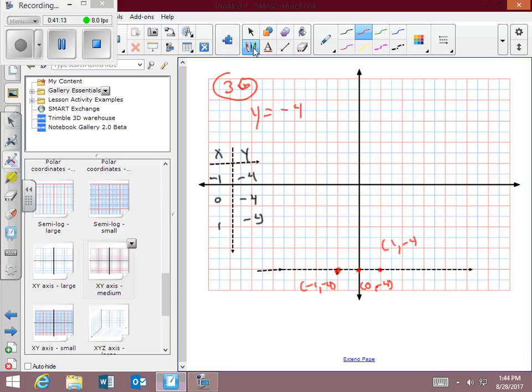What would happen if we had x equals minus 4? Then no matter what y is, x is minus 4, right? So we would be back here at minus 4, and we just draw a vertical line, and that would be x equals minus 4.